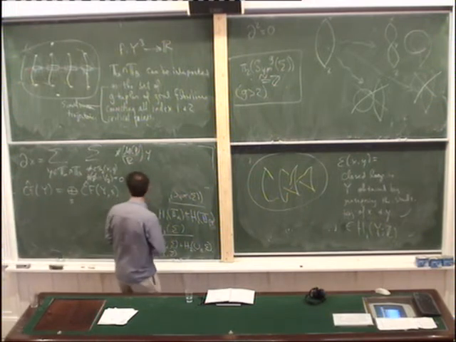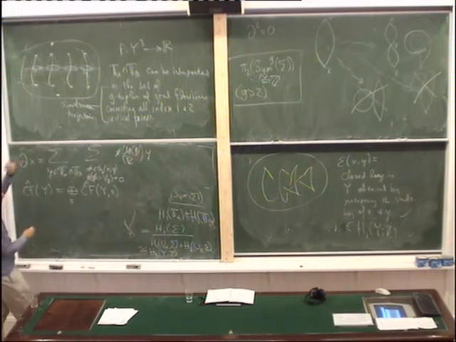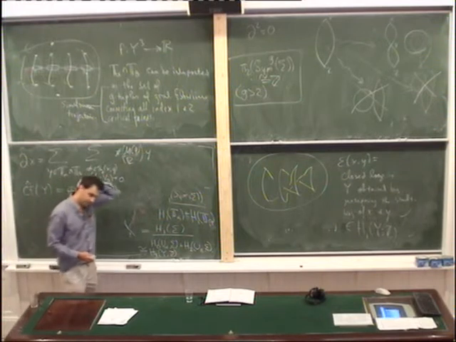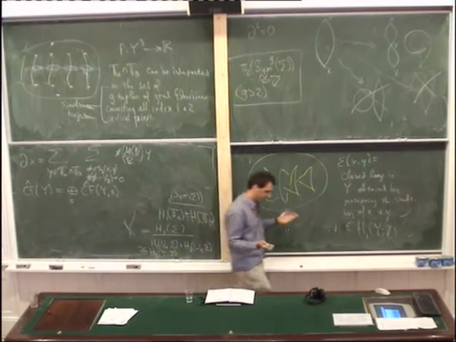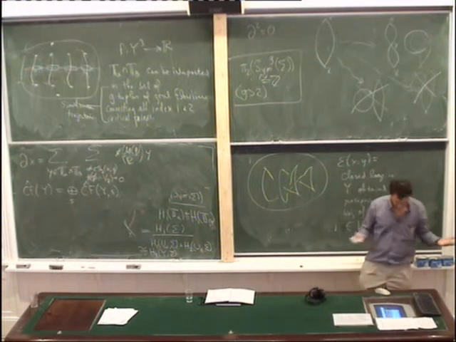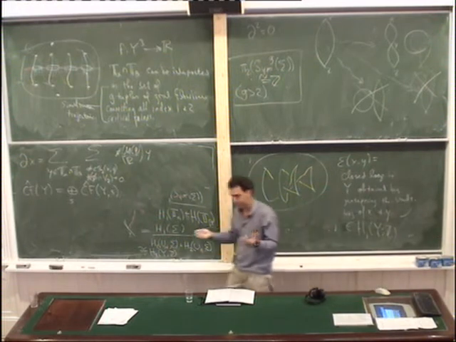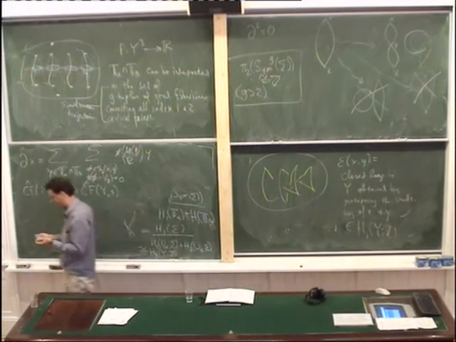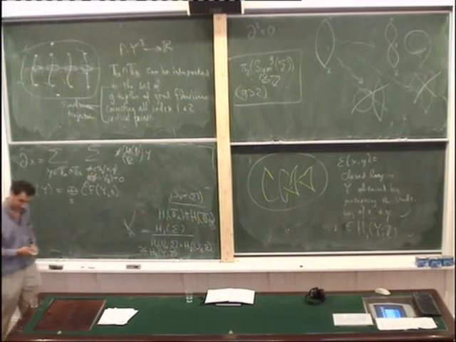We say that two intersection points are equivalent if their epsilon difference is 0. And any two equivalence classes have a well-defined difference, which is now in the first homology.